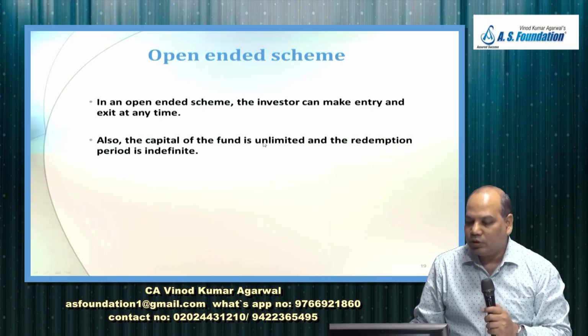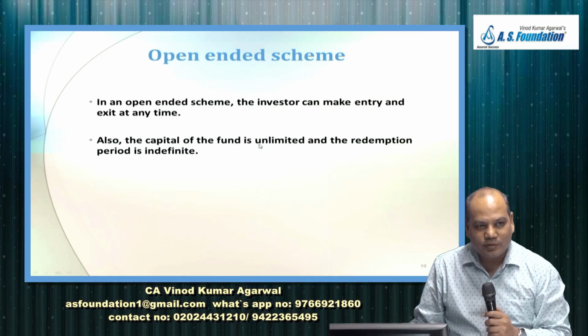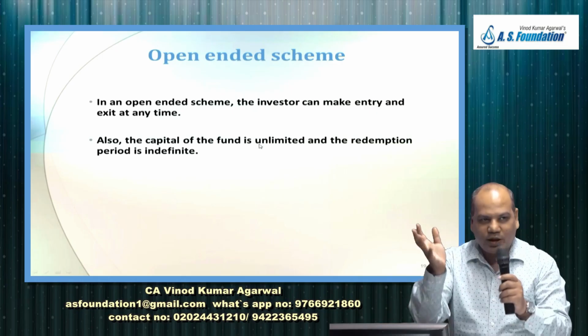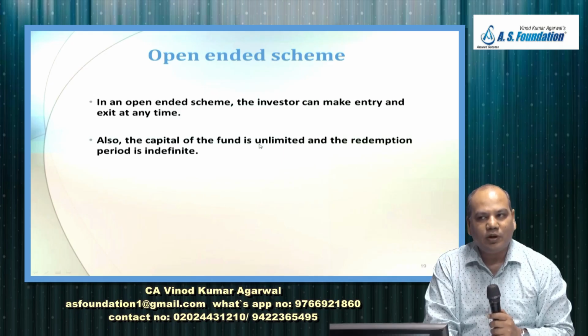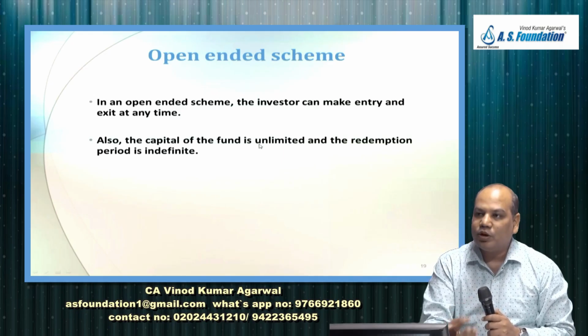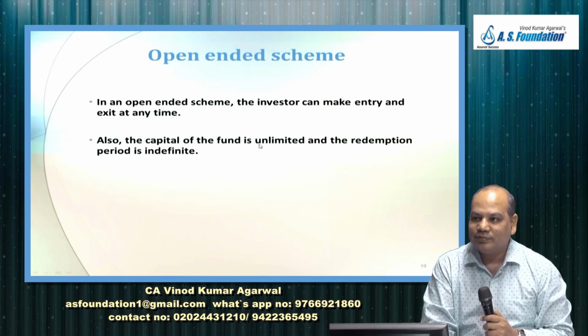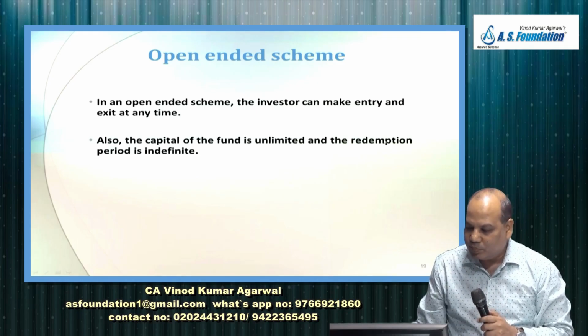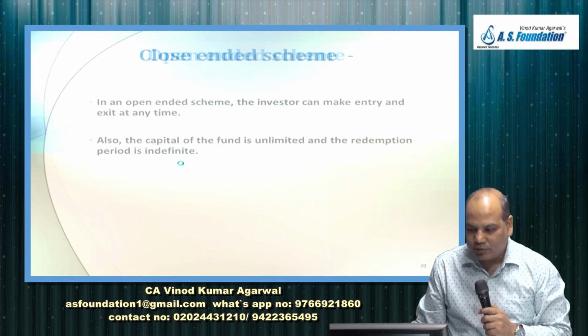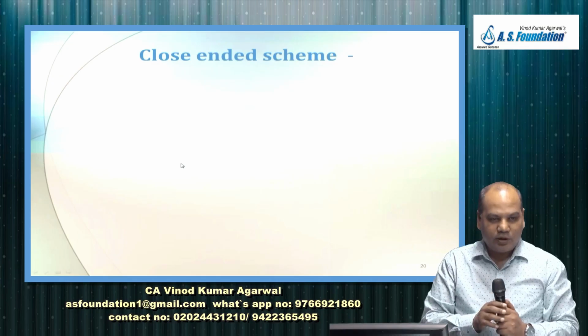If more and more investors buy units, the unit capital will go up. And if more and more investors sell, unit capital will come down. And the redemption period is not defined. Redemption period is indefinite. So these are called open-ended scheme.